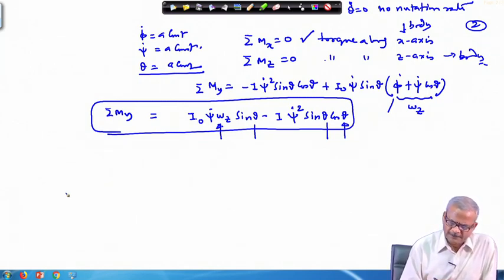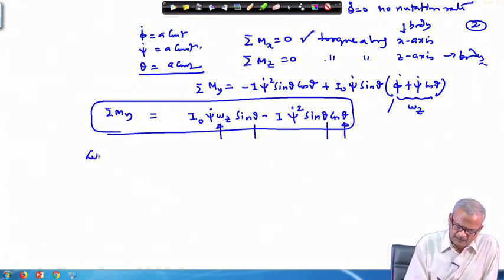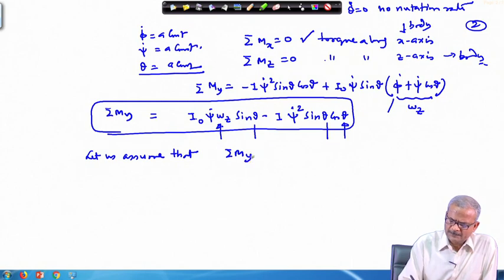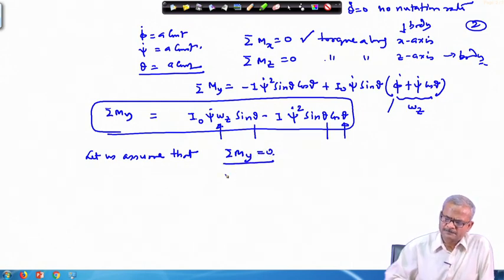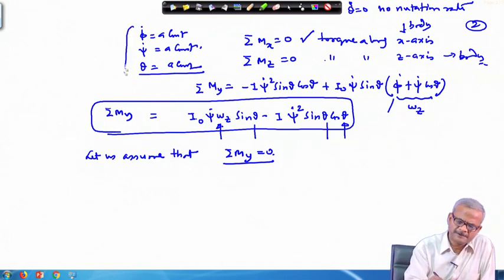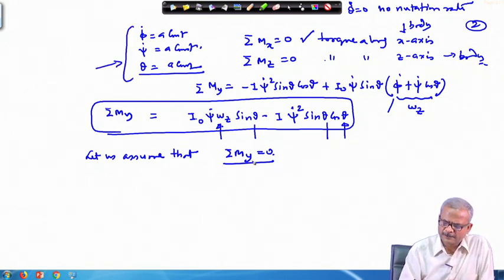Now, we can do a little bit more simplification to this. Let us assume that E m y is also 0. One more condition we impose, already the 3 conditions we have imposed, and one more condition we are imposing, E m y is 0.